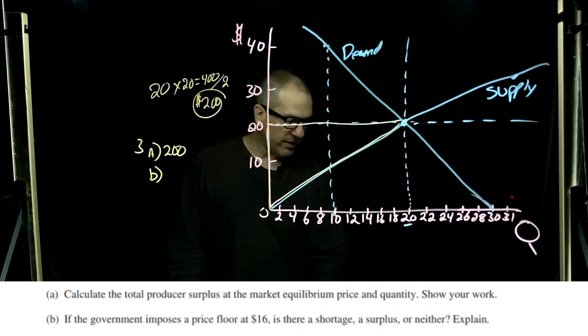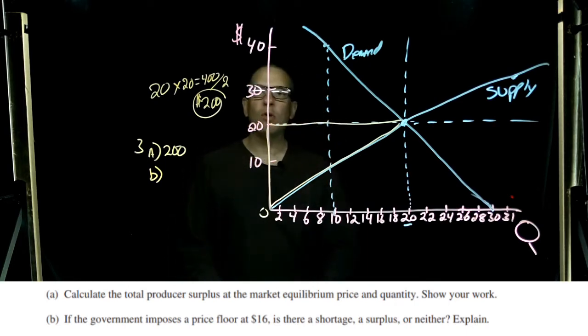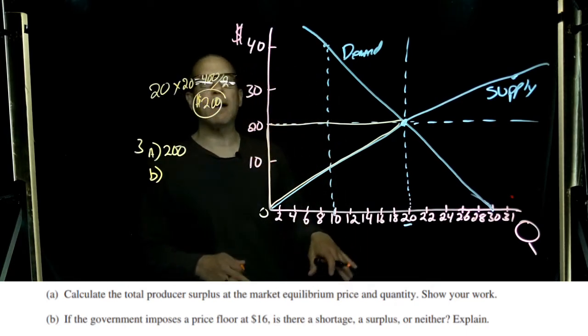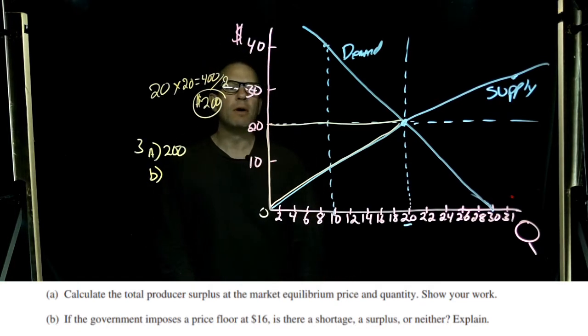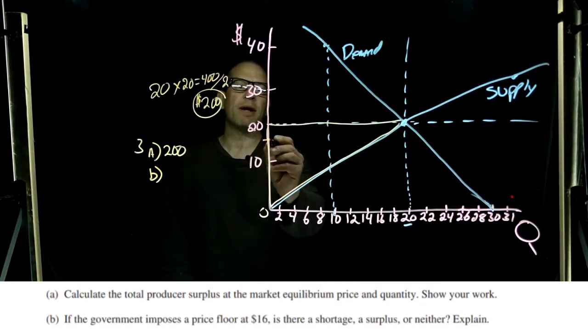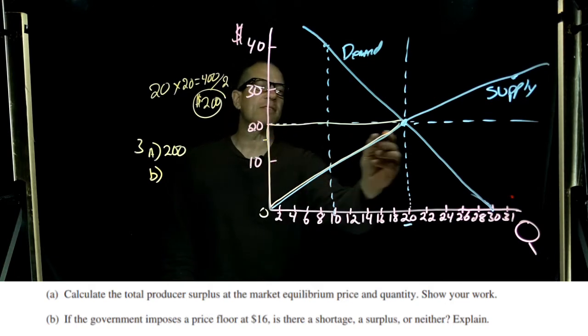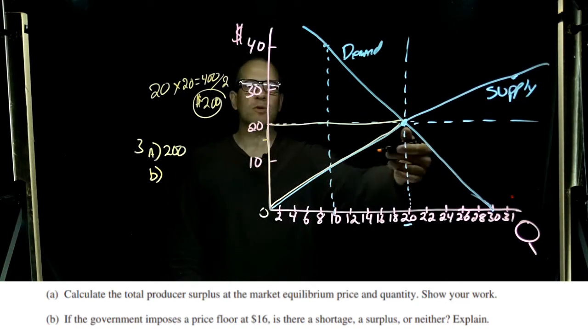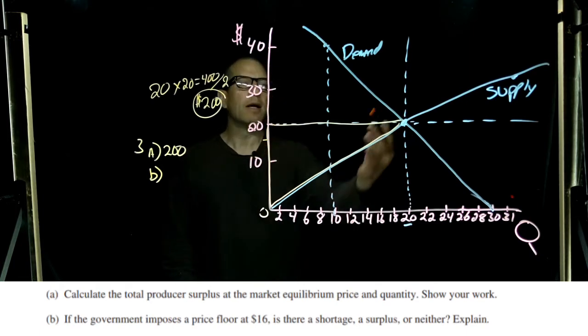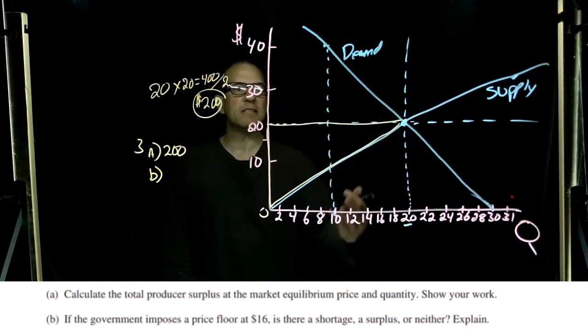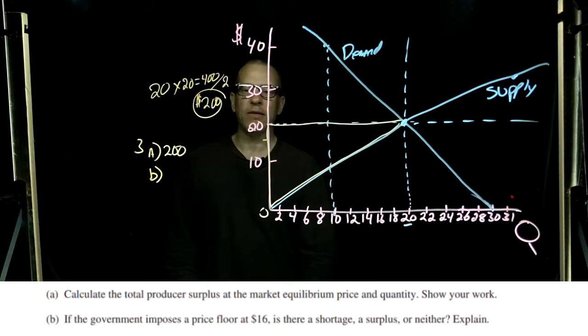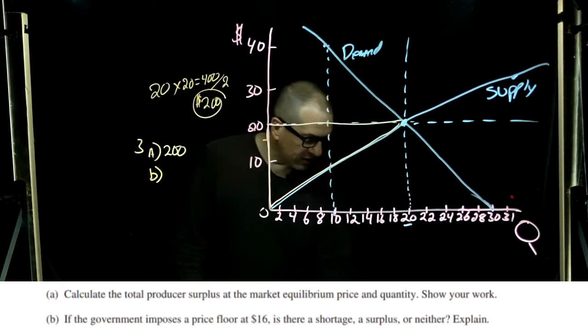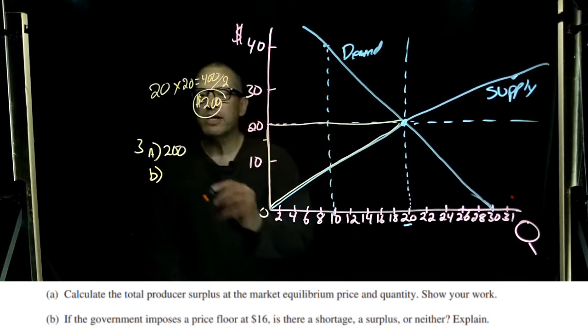So now they want to come in and put a price floor in so the price doesn't drop below a certain amount. Well, that $16 is going to be right about here. And if the price floor is set here, the price is already at 20. The government shouldn't worry about it dropping to 16 because that's where the equilibrium price is already set, is at 20. All right, so it gives you that answer. Is there a shortage, a surplus, or neither? Neither.